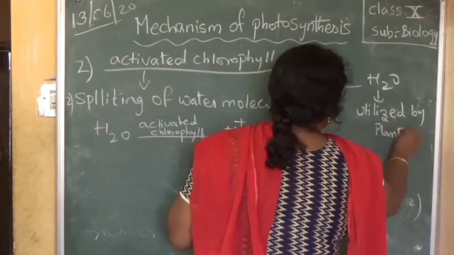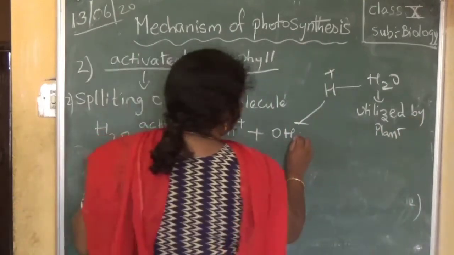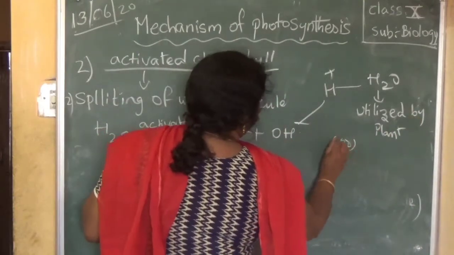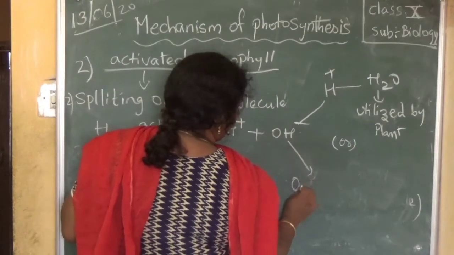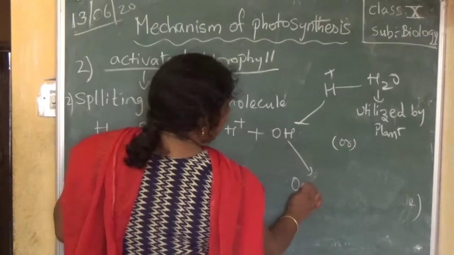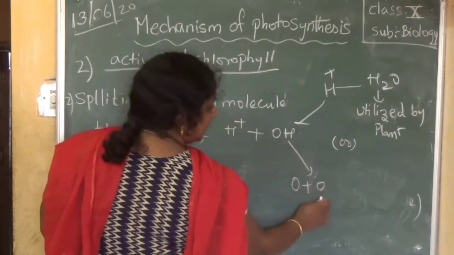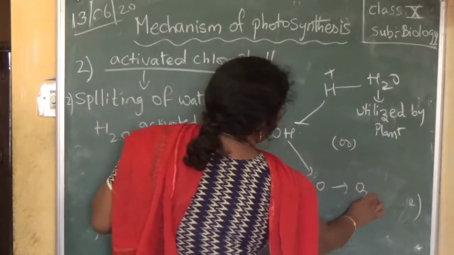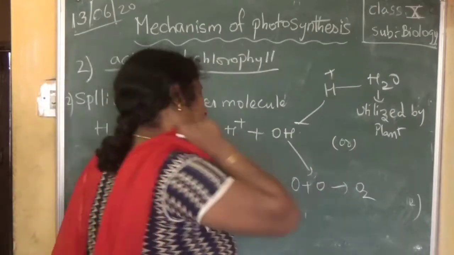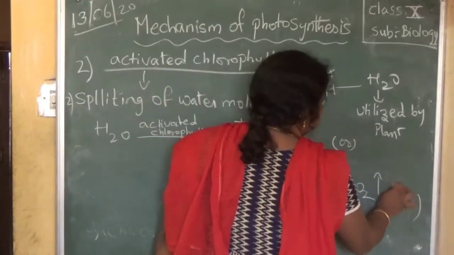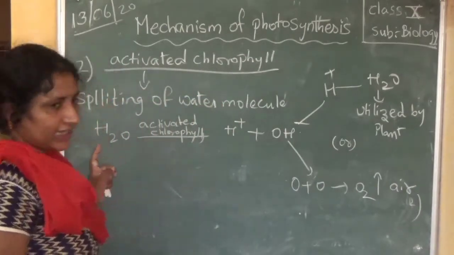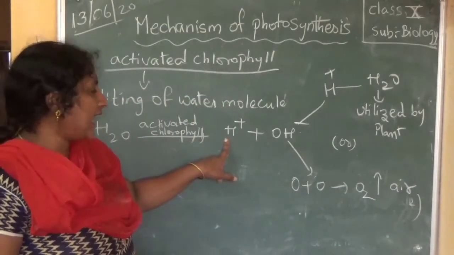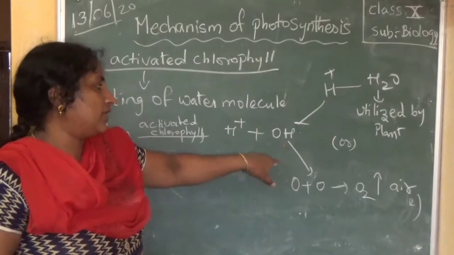Or the oxygen atoms will combine with another oxygen atom and form an oxygen molecule, and this oxygen is released into the air. Okay, so by breaking of the water molecule, you are getting H plus and OH minus ions.